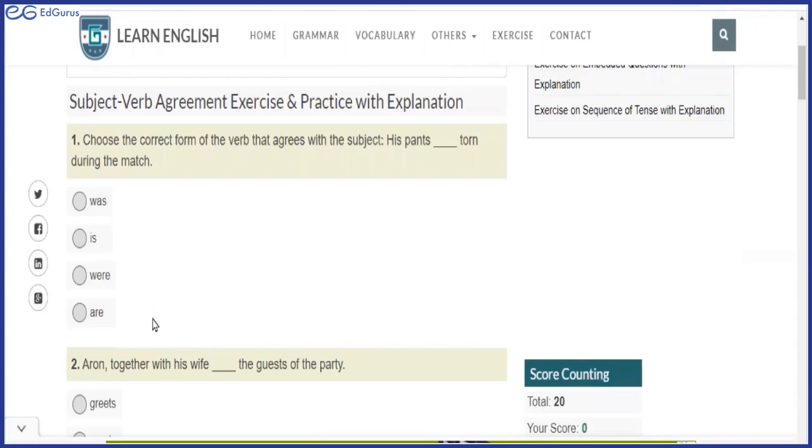It's not given. Just remember, just a minute before I gave you an example of jeans. A pair of jeans, but the jeans. Suppose I say his jeans dashed on during the match.